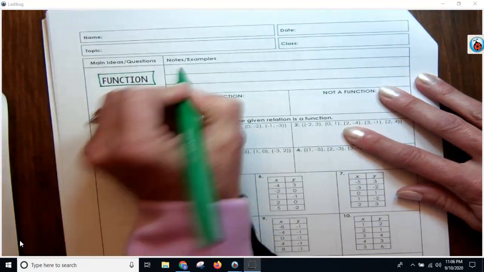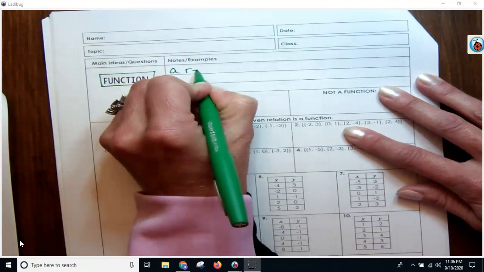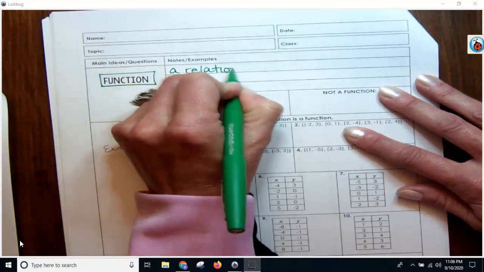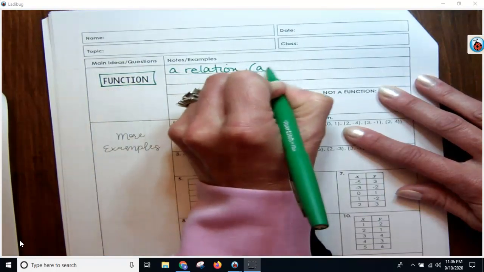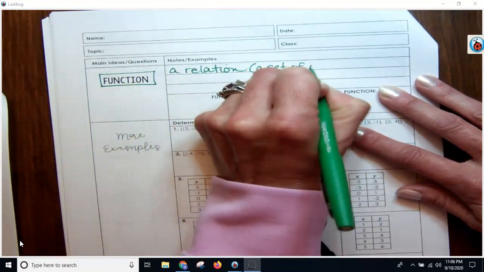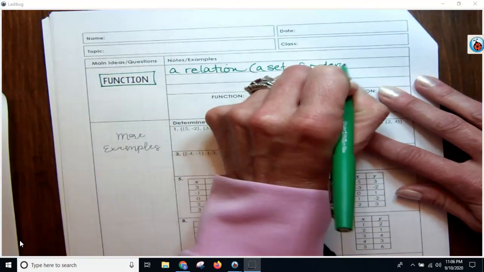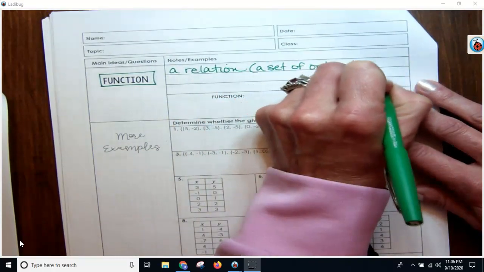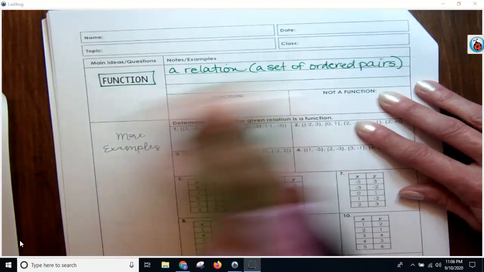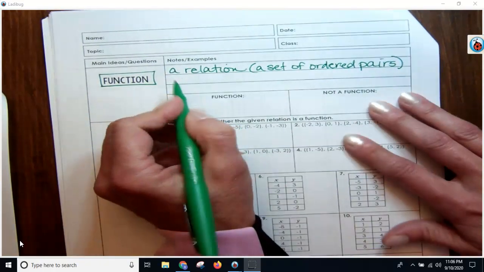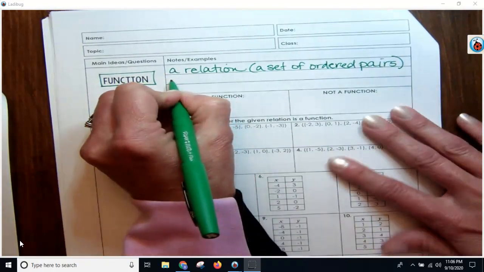Basically, a function is a relation, which we know is a set of ordered pairs. But this is a special type of relation.